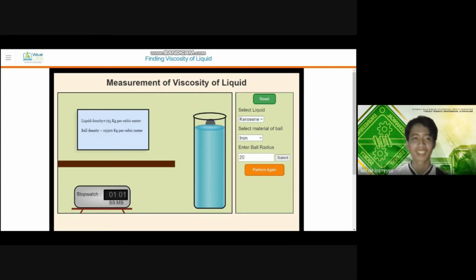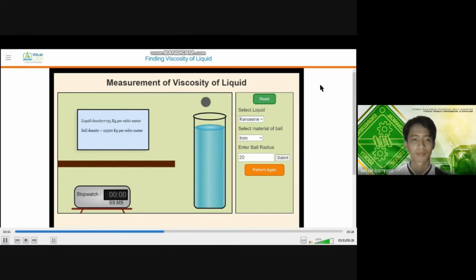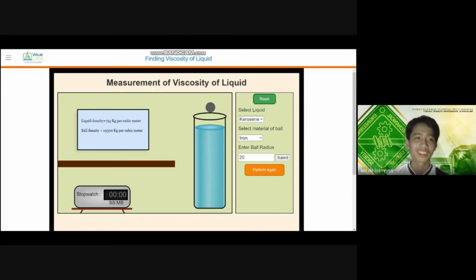On our second trial, with 43 centimeters distance traveled, it obtained 5.54 seconds as fall time. On the third trial, the distance traveled is 44 centimeters and the fall time is 5.67 seconds.